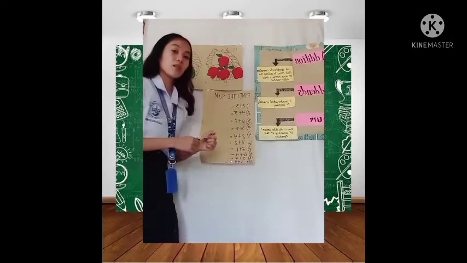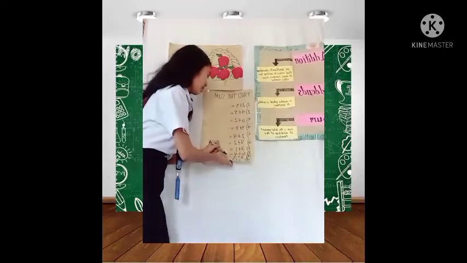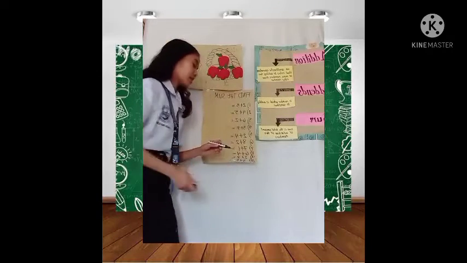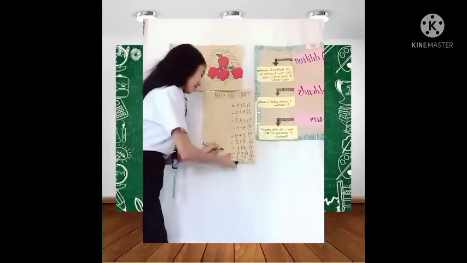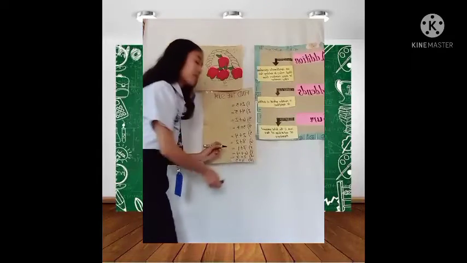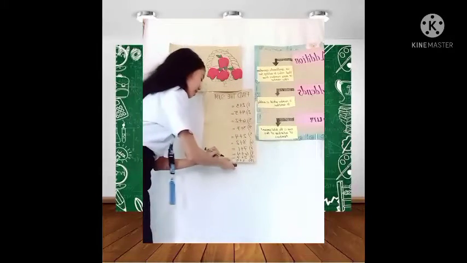Number 8, 6 plus 4. 10. Very good. Number 9, 2 plus 7. 9. And lastly, 3 plus 5. Okay. 8.